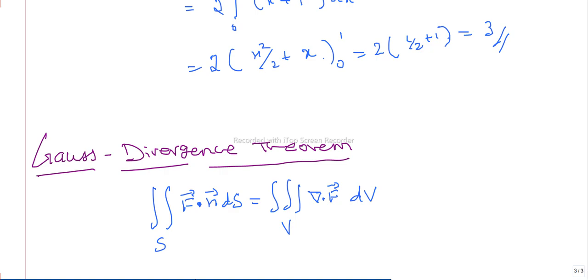So if the volume V is enclosed by the surface S, then the double integral over S of F dot n vector ds is the same as the triple integral over V of del dot F dv.